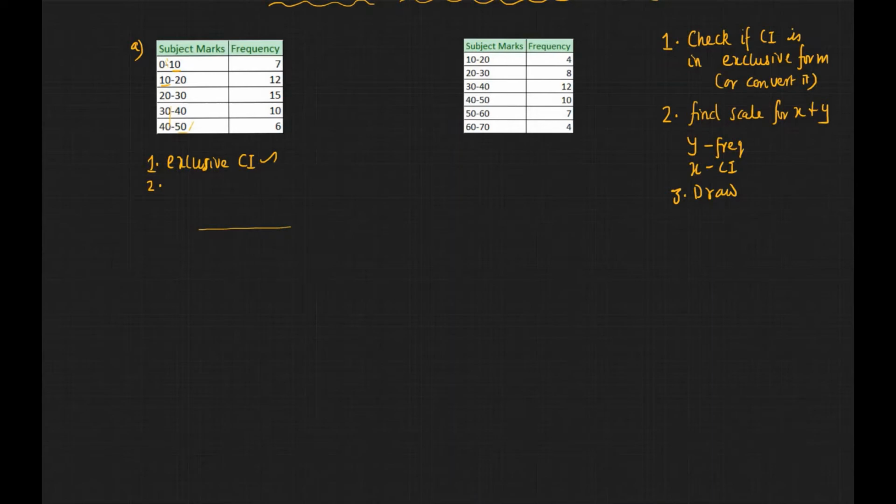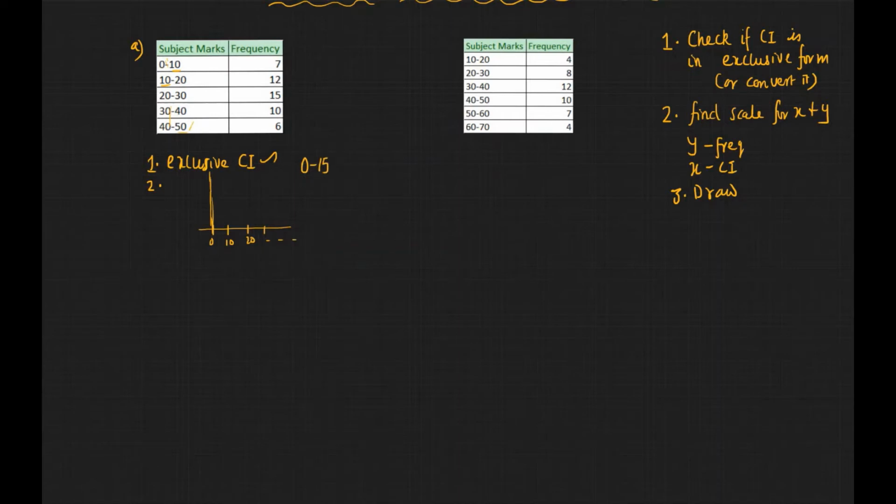For x it's easy because it's 0 to 10, so we can mark every 1 centimeter as 0, 10, 20 and so on. But in the y-axis we need values from 0 to 15.